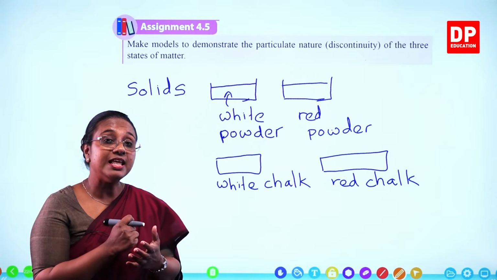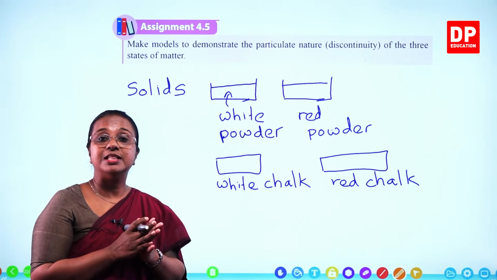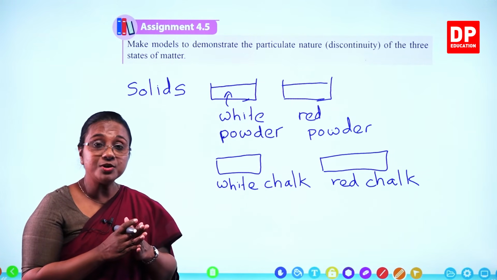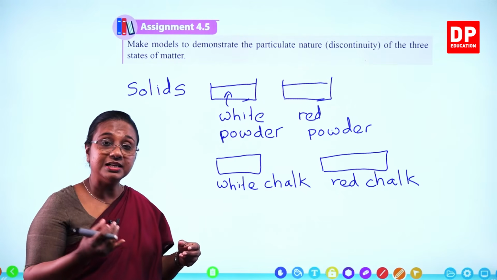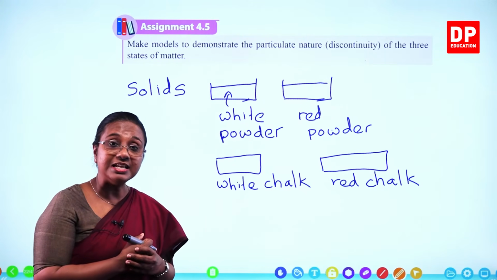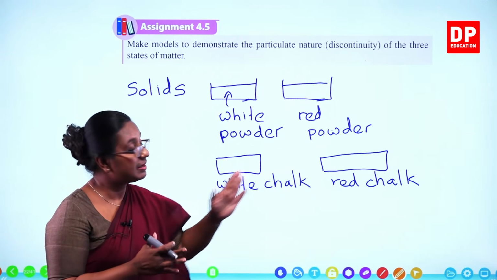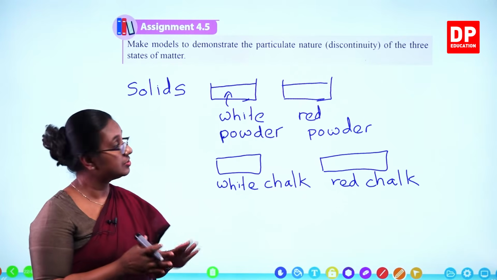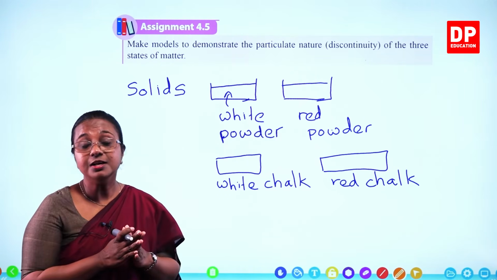So when you grind them together, what happens? Particles of the white chalk mixes with the red chalk. How is that possible? These are solids, but still they are made up of particles. That's why you are able to grind them and they get mixed. The white color particles mix with the red color particles. So that is a concept that you can use to make a model.